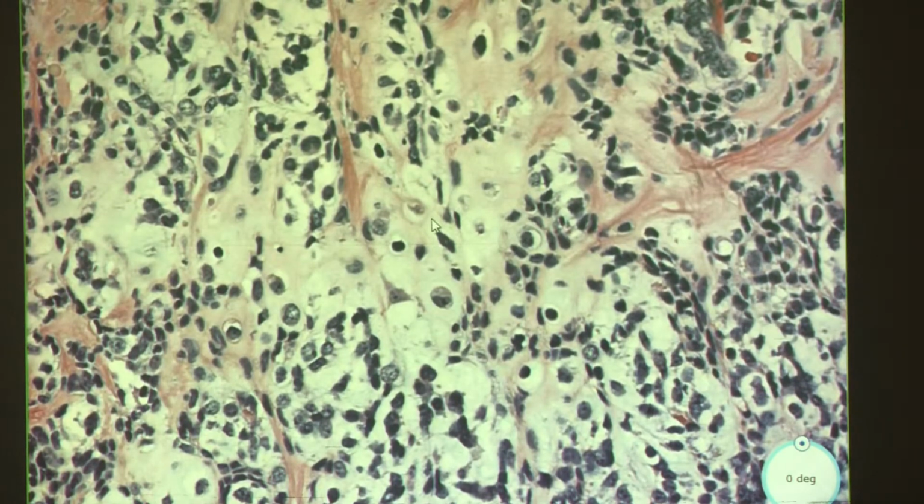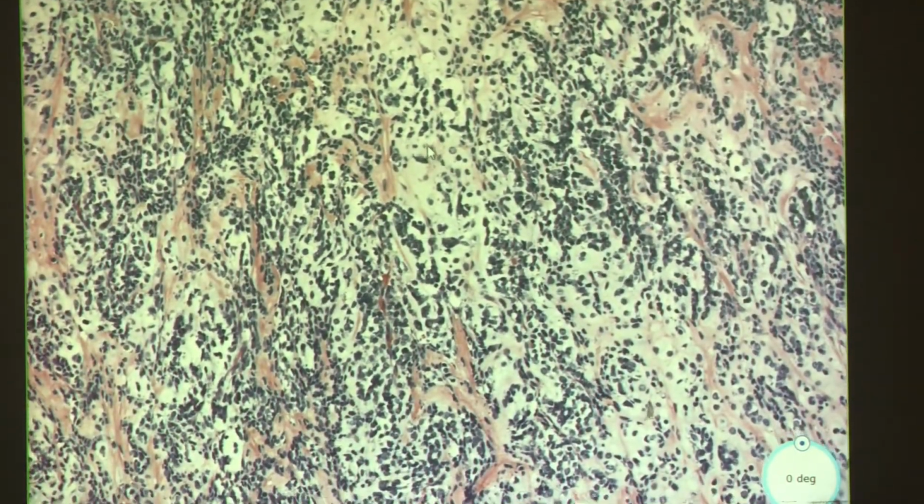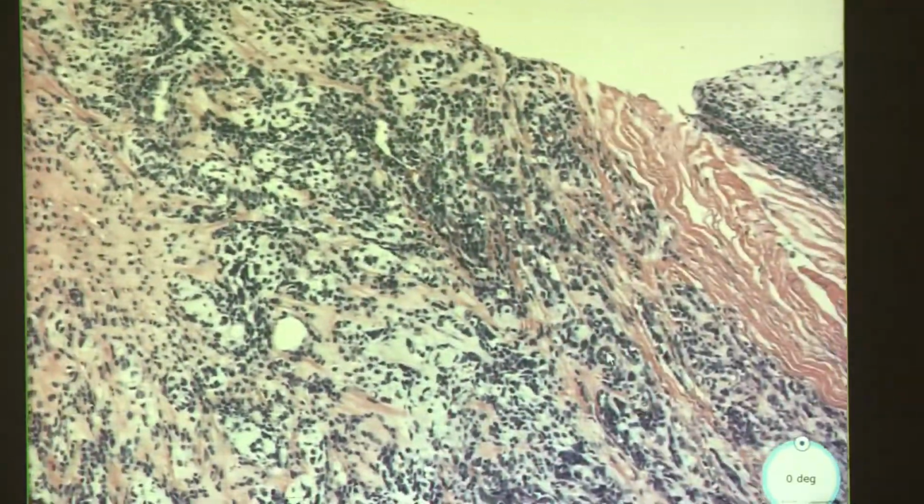I think this looks like cartilage, so even though it's pink, I think that's consistent. What else can we see? Besides the biphasic pattern, the small round blue cells.